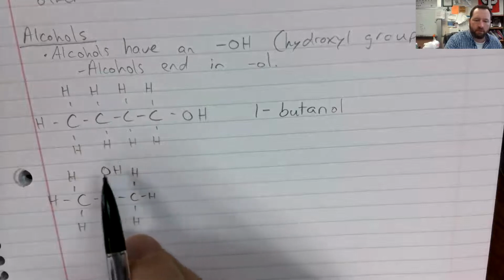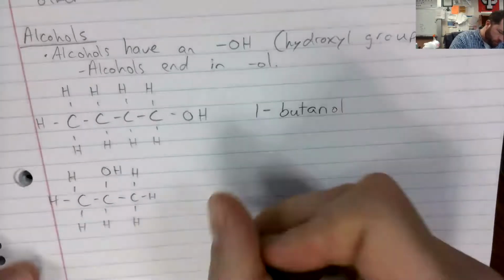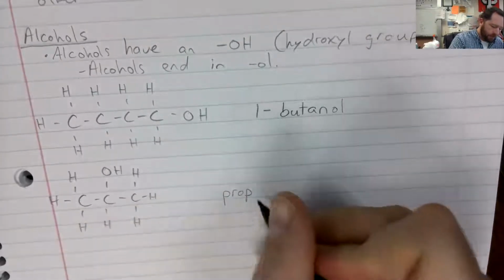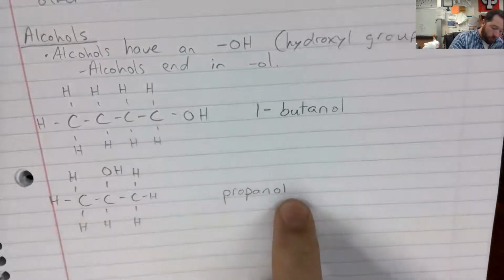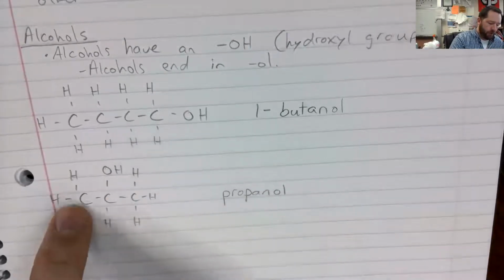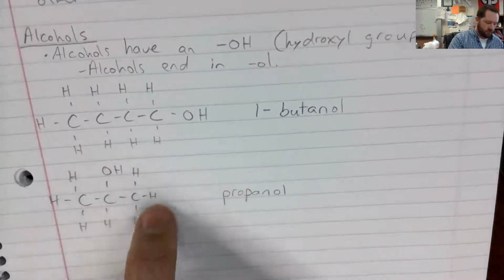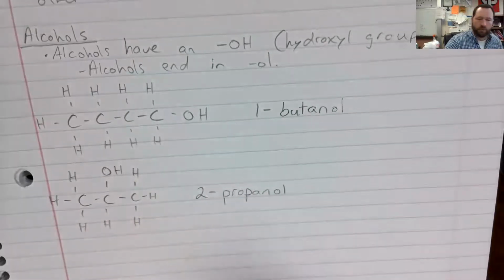This time, the alcohol is in the middle. So we'll go ahead and name it. Again, prop for 3 carbons. AN, they're all single bonds. OL at the end, propanol. And then if we go left to right, 1, 2, it's on the second carbon. If we come back right to left, 1, 2, it's on the second carbon. So it doesn't matter which way we go.